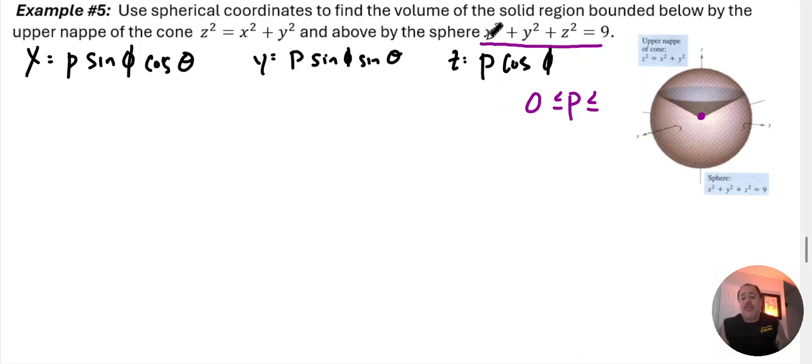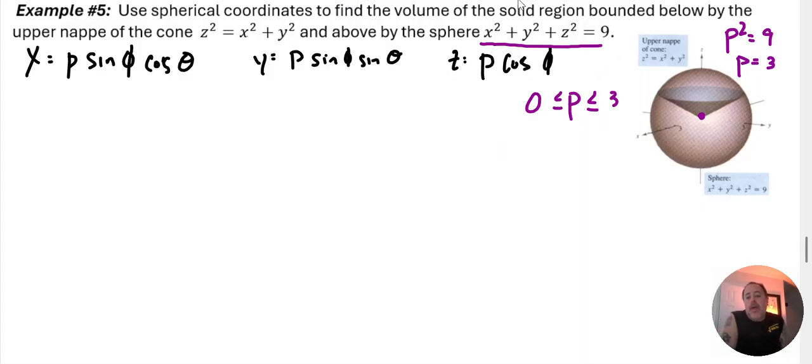It's convenient that they give us the sphere x squared plus y squared plus z squared equals 9, because we know that rho squared is equal to x squared plus y squared plus z squared. So rho squared is equal to 9. That means any point on the surface of our sphere is a distance of 3 from the origin, and that is the upper bound we're going to use for rho.